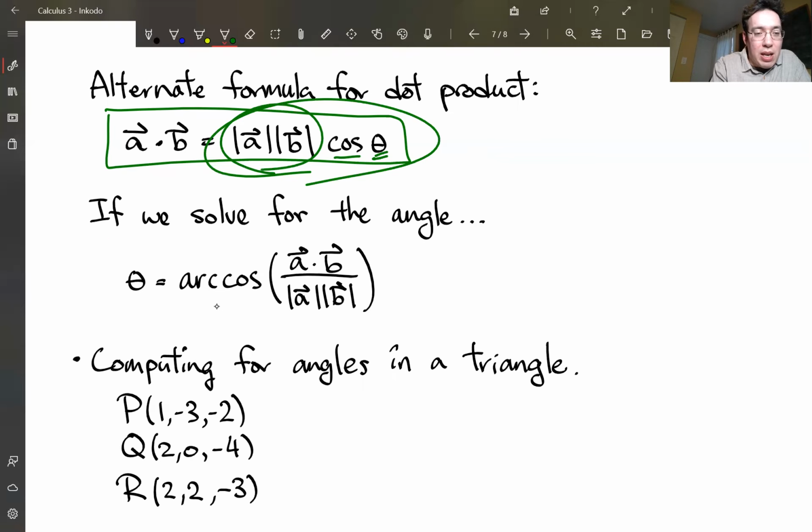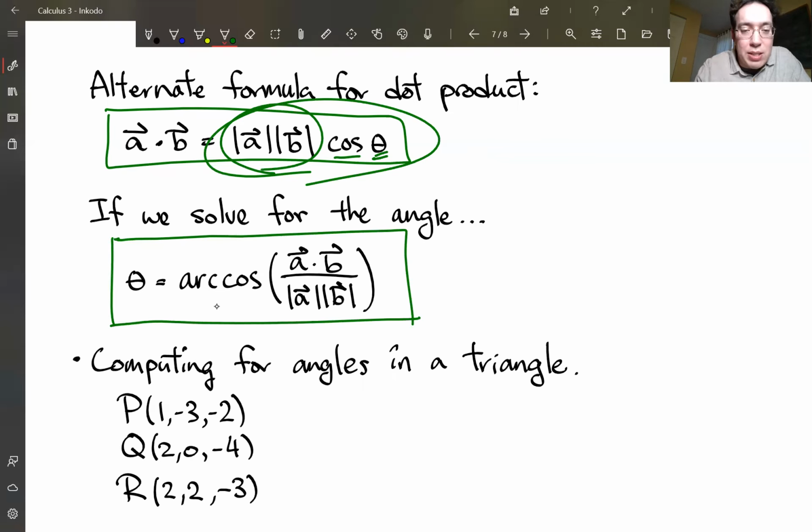So then the angle between two vectors is ArcCosine of the dot product divided by the magnitude of each of the vectors. Now, this is very useful because this gives us a way to compute the angle between any two vectors. And that's a difficult thing to do, especially in 3 dimensions.